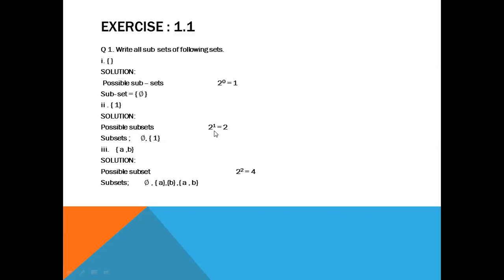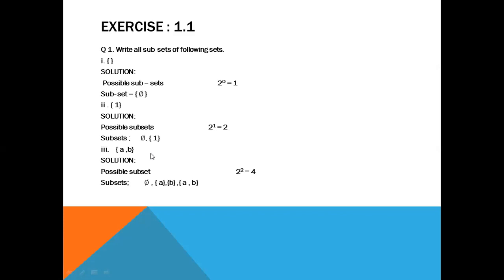It means that a singleton set has two possible subsets. Now see the solution. The first subset is null and the other is the set itself, because I told you that every set is a subset of itself.